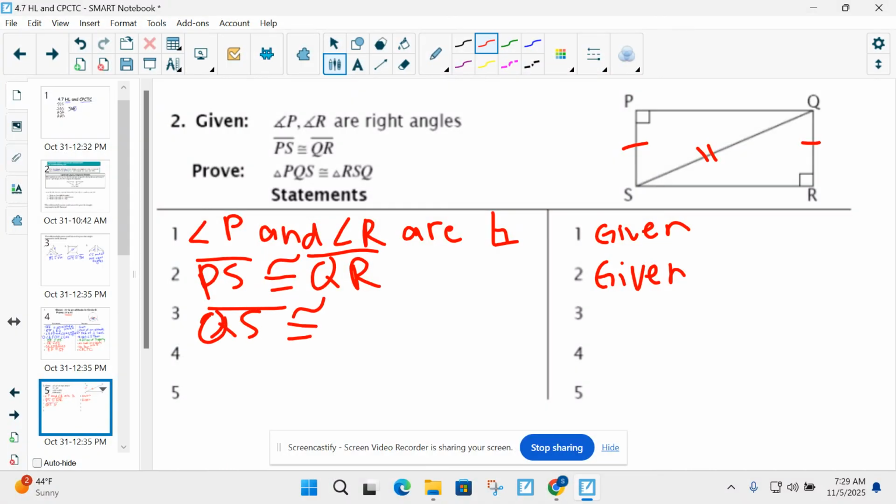Now, when you name it the other way, you should be naming the vertices in the same order. So Q and S would actually be reversed for the other triangle, so SQ. And that's reflexive property.